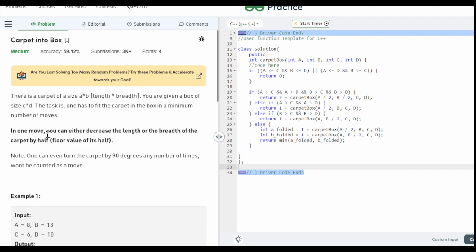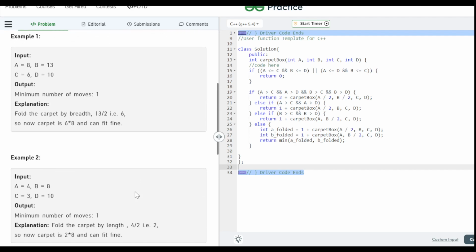In one move you can either decrease the length or the breadth of the carpet by half, which means we can fold the carpet in half according to the length or the breadth. One note is given that one can even turn the carpet by 90 degrees any number of times. So let's discuss the example given in this question.